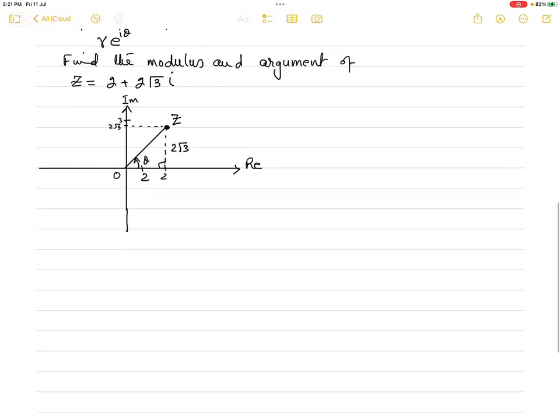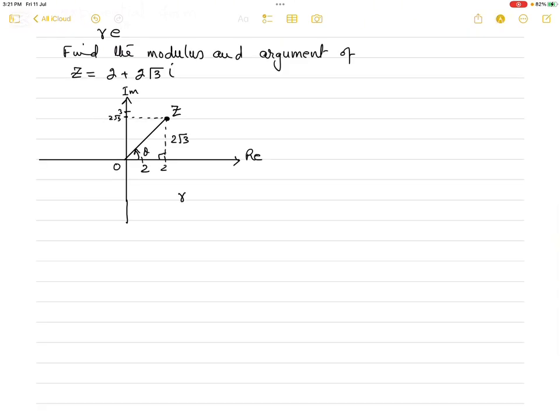Now we have to calculate r, which is the modulus, and we write modulus of z like this. So square of x means square of 2, square of y means 2 root 3 squared, and whole under root. This is the way we find the modulus, and this gives us 4 plus, 2 times 2 is 4, 4 times 3 is 12, square root of 16, which is 4.